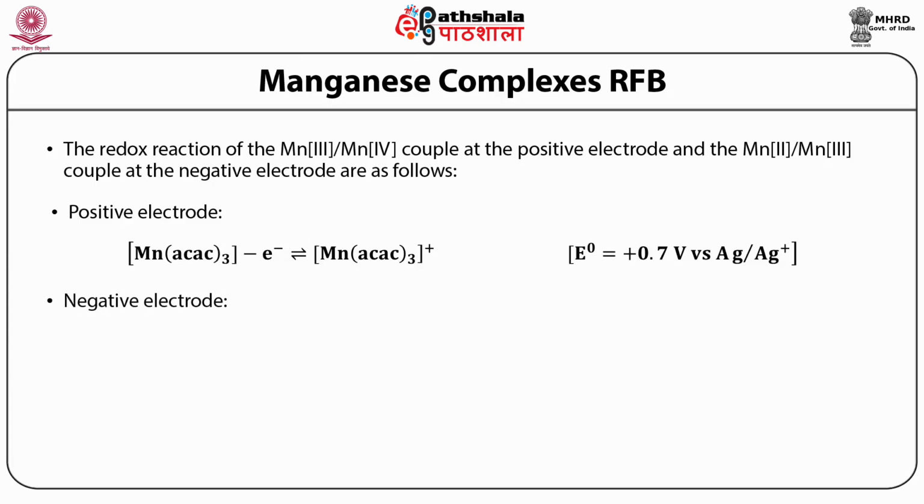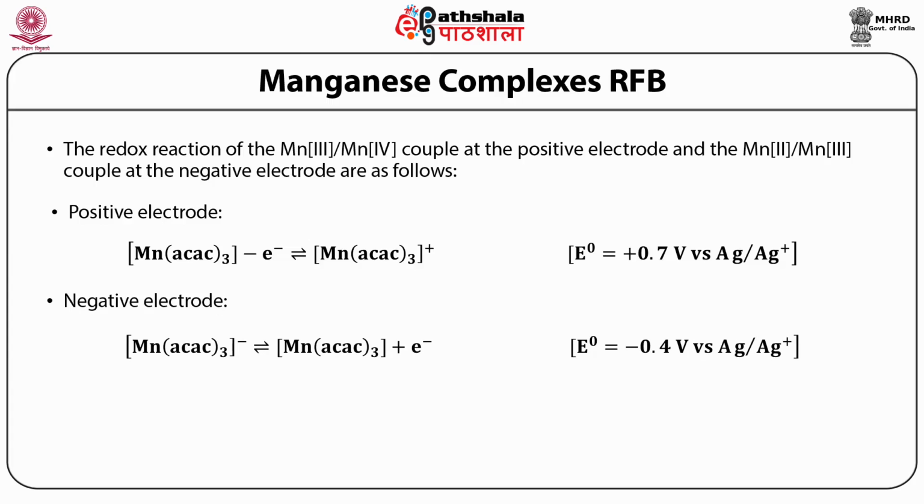At negative electrode, Mn(acac)3- gives Mn(acac)3 plus an electron with E naught equal to minus 0.4 volts versus Ag/Ag+.